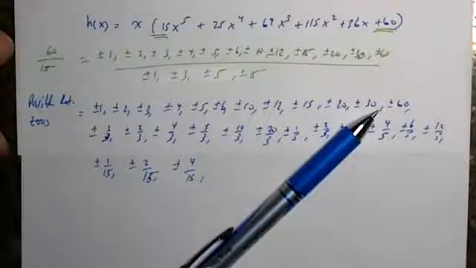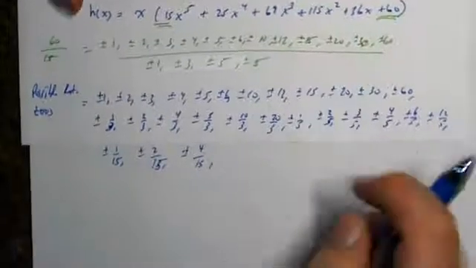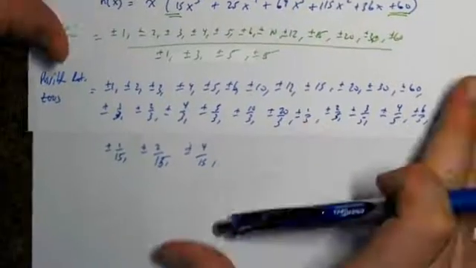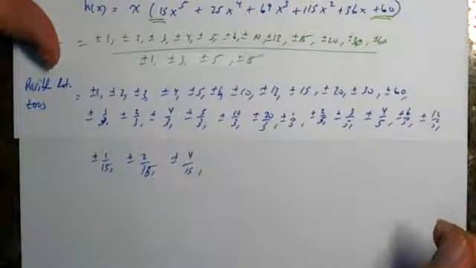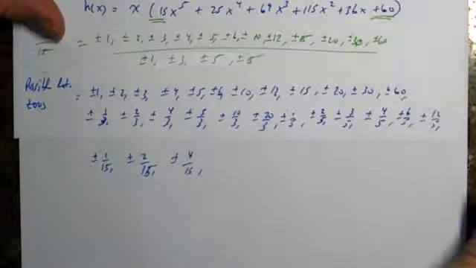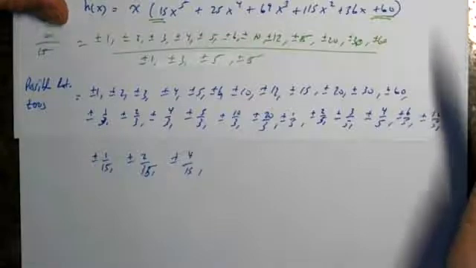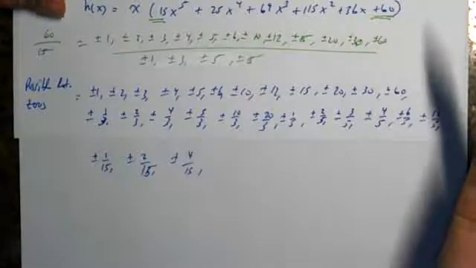Okay, first, here are the possible rational zeros. That's a very long list, so I want to say this very slowly to make sure you have all of them. First of all, you need the factors of 60 over the factors of 15. Now, there are a lot of factors of 60 and 4 factors of 15.